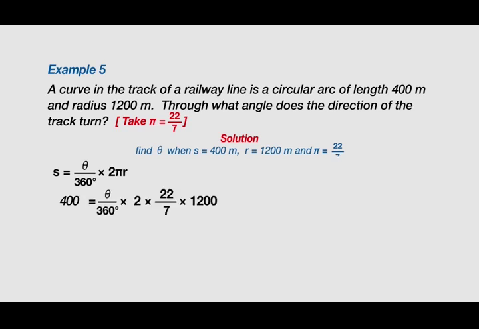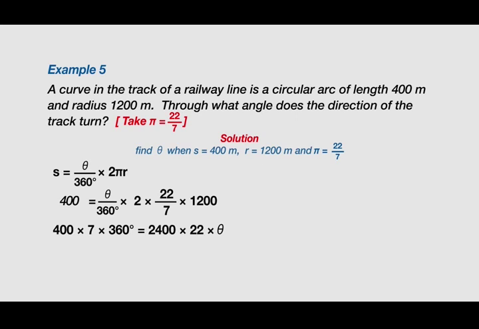So we have 400 to be equal to theta divided by 360 times 2 times 22 over 7 times r. And the r in the question is 1,200. So you put in all your values. So cross multiplying, we get 400 times 7 times 360 is equal to 2,400 times 22 times theta.